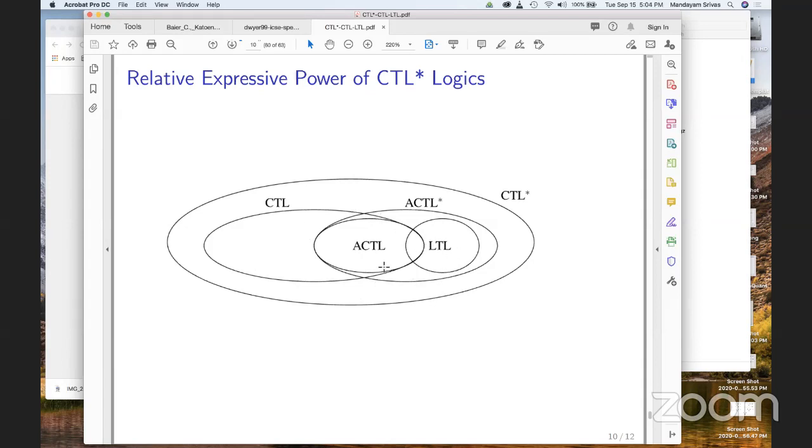Of course, ACTL falls completely within CTL, and ACTL star falls within CTL star, but ACTL star is incomparable with ACTL and CTL. So this is what the picture says. In the next class, we will see a few more examples and get more insight into why certain formulas are representable in one logic but not in the other.